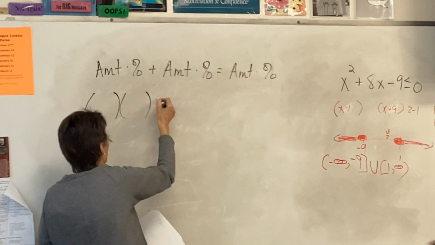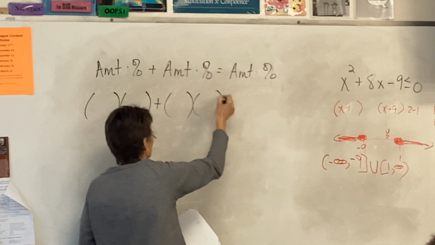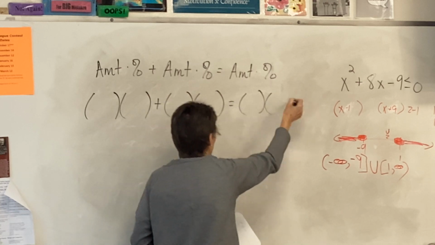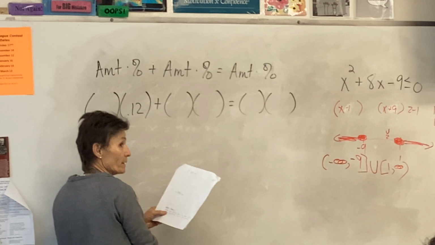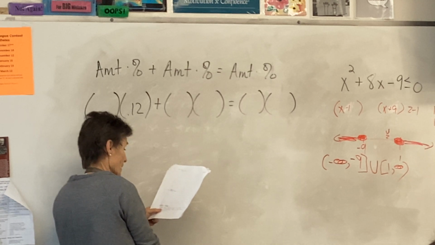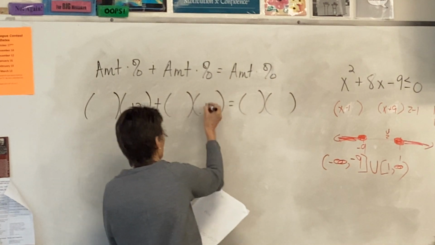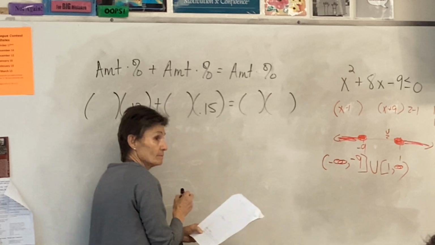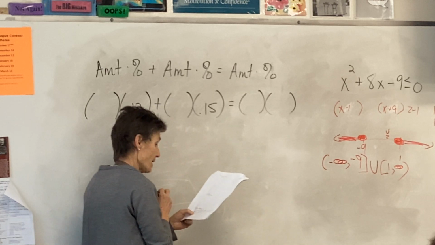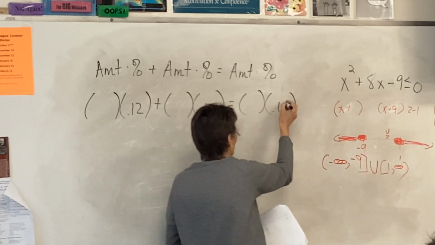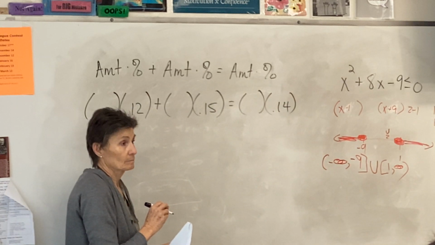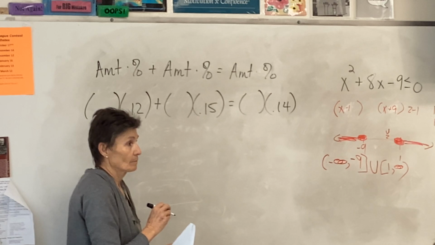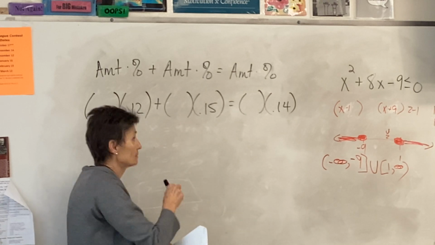What are my percents in the problem? I should have all of them. I have 12%, 0.12. I have 15%, 0.15. And I have 14%, 0.14. How much?